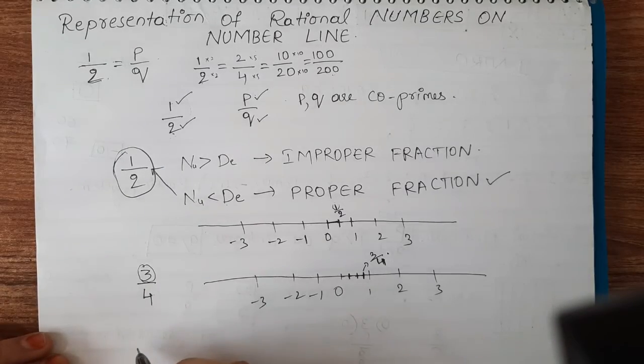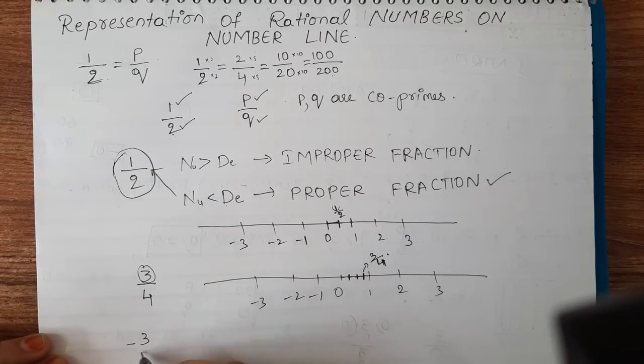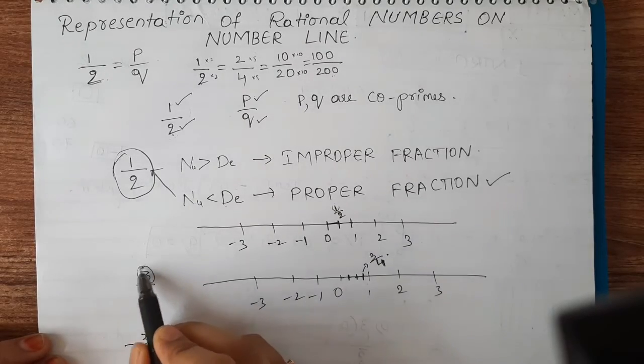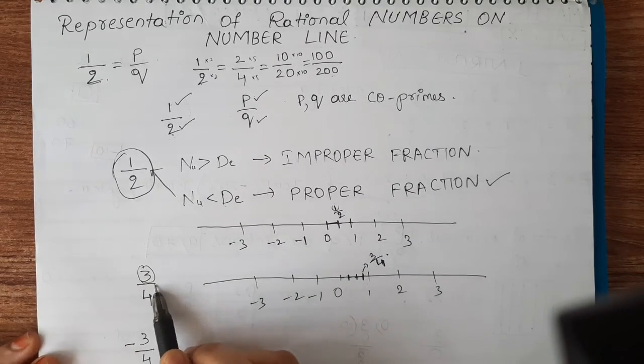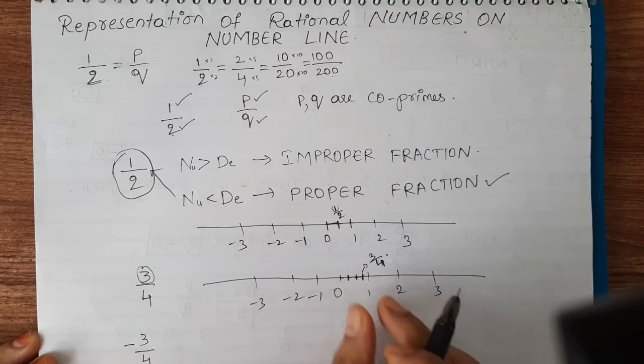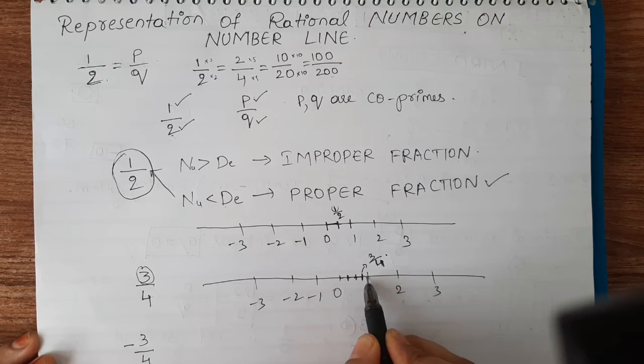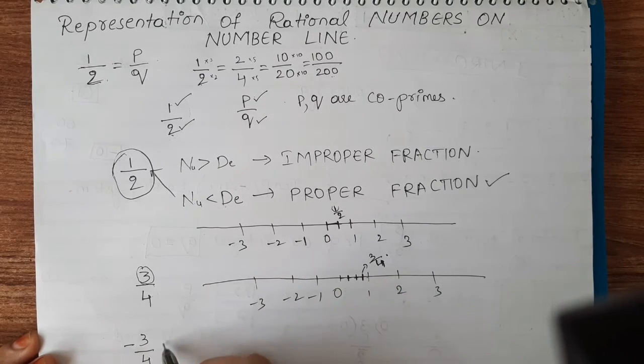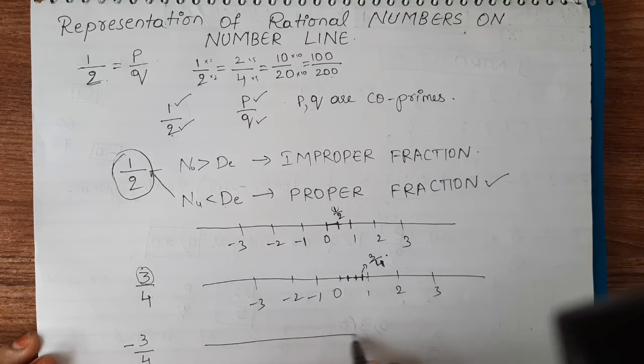Now, if it is a negative fraction, what will you do? I'll take minus 3 by 4. See, for 3 by 4, for a positive proper fraction, I told you should always consider the portion between 0 and 1. But for negative rational numbers, what will you do? As it is negative, you do just the opposite.